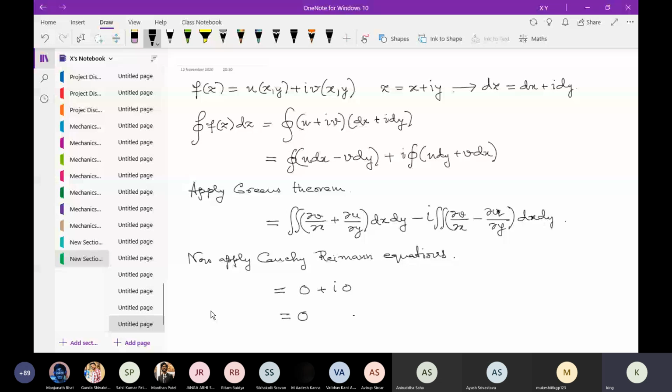And this, f(z) dz of an analytic function over a closed contour being equal to 0, is again another contribution of Cauchy, and we call this Cauchy's theorem.